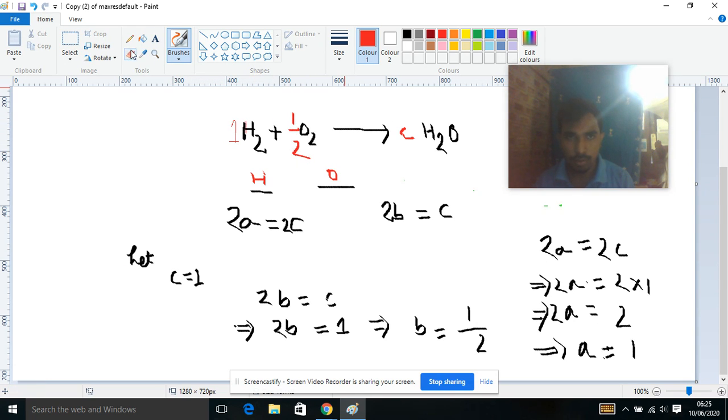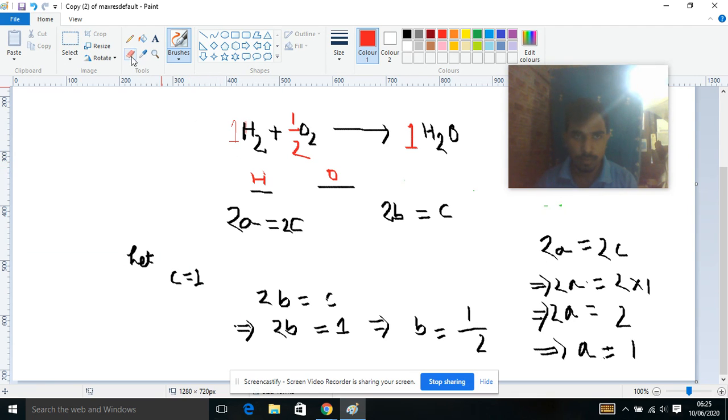And C equals 1. So we'll get that equation.